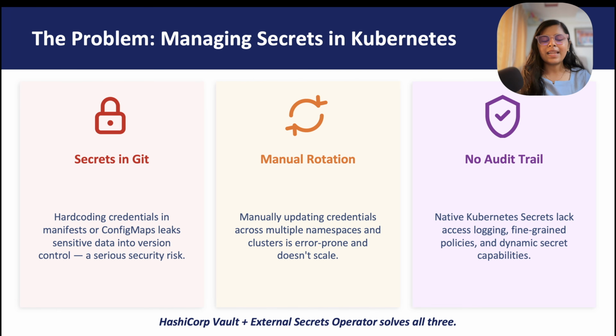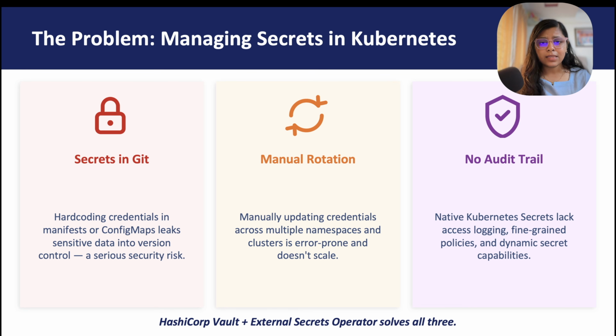So first, let's try to understand what is the problem. Why do we need Vault when we already have secrets in Kubernetes, right? So let's try to understand the problem with managing secrets inside of Kubernetes itself. Now, in most of the GitOps approaches, we store our manifests inside of Git, right?